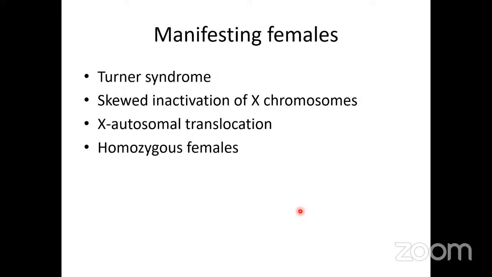The normal inactivation will happen with the normal chromosome because the inactivation apparatus doesn't act on the autosome. So if there is an autosomal translocation, that X will never get inactivated. The other normal X will get inactivated. So always this mutated X derivative chromosome will be active. That's why these females will manifest. Very rarely there may be a homozygous female, where she may contain a mutation in both X chromosomes.